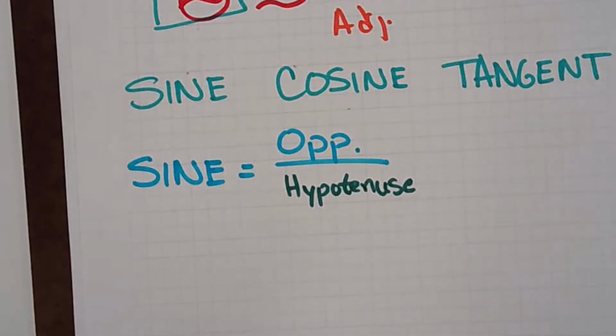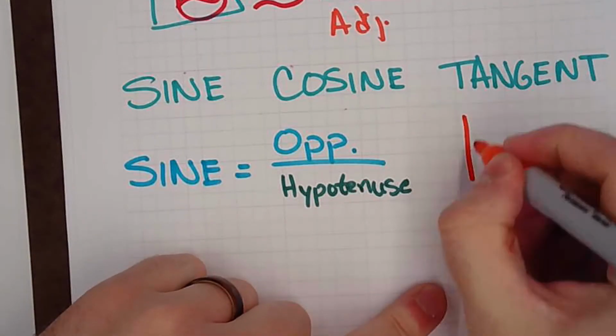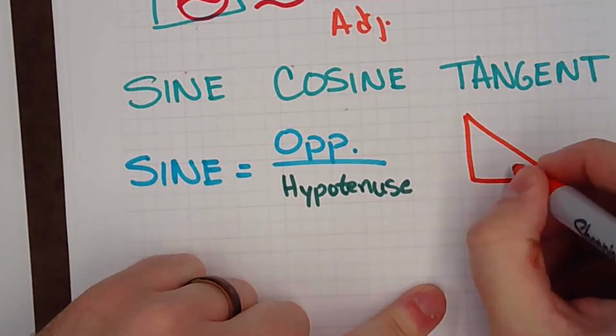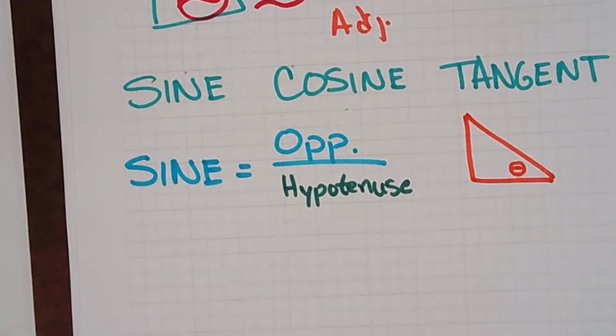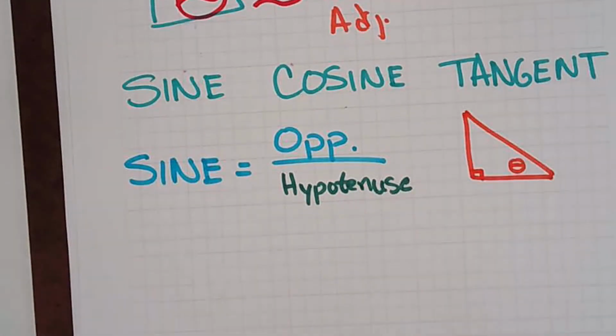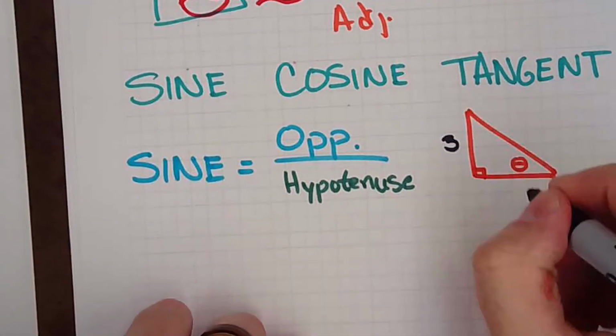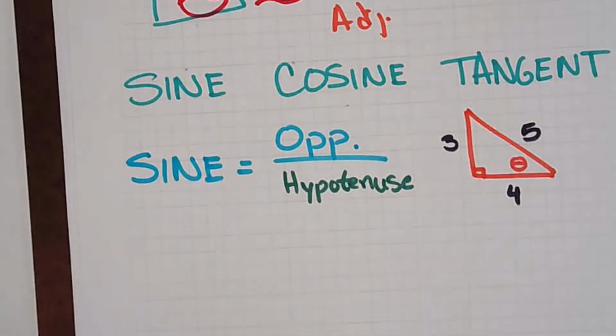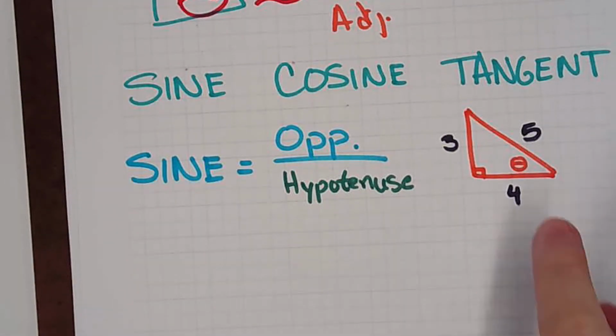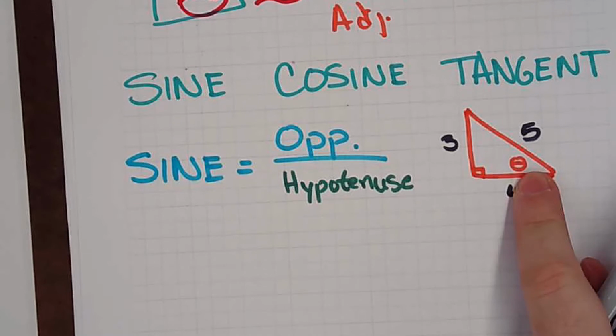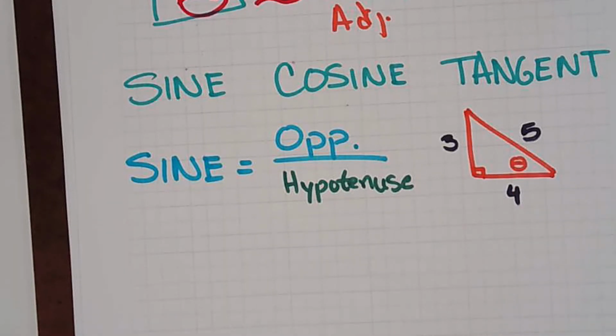So I'm going to draw you a triangle. Here's the triangle. And here's theta. There she is. This is a right angle. And I'm going to tell you that this is 3, this is 4, and this is 5. So what's the sine of this angle?